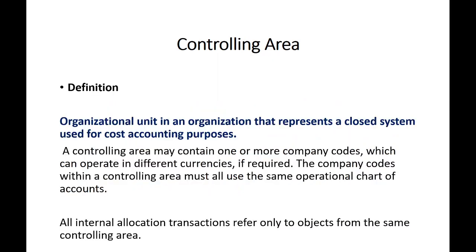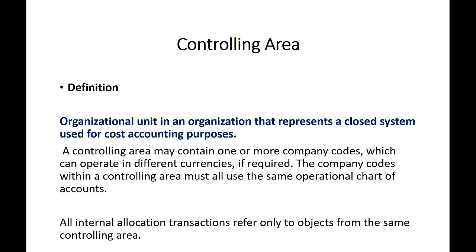So basically, the controlling area or the controlling module is an organization unit that represents a closed system used for cost accounting purposes. Okay. So in order to do some cost accounting and the costing of the products and to look over the inventory, whether it's first in, first out, or average inventory, or LIFO, last in, first out, or any other accounting practices that are used for managerial accounting purposes.